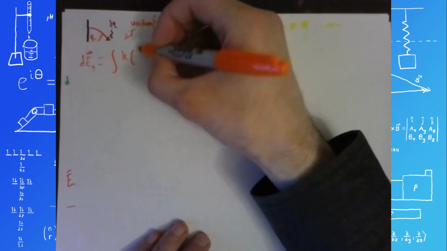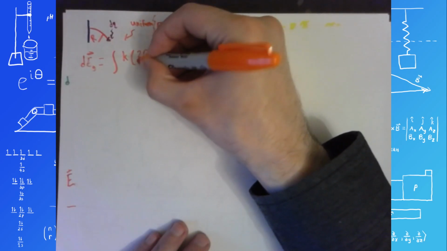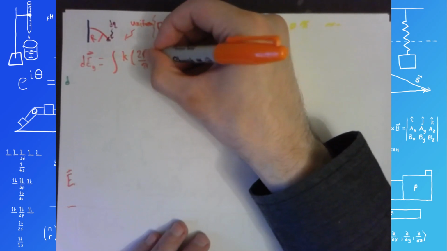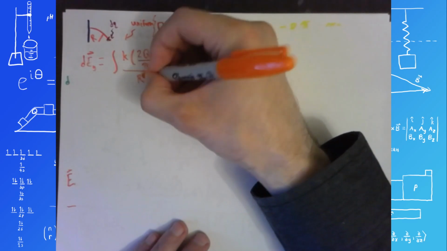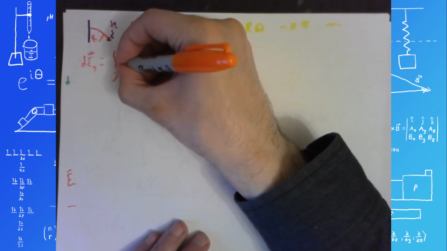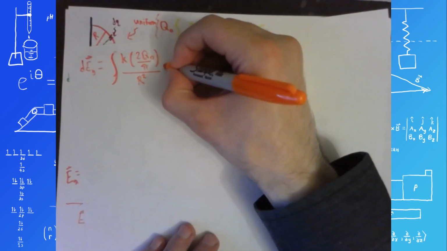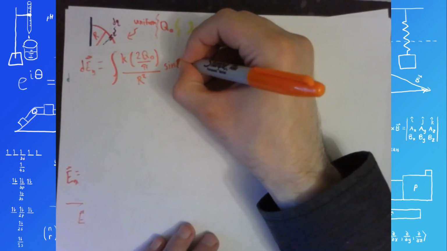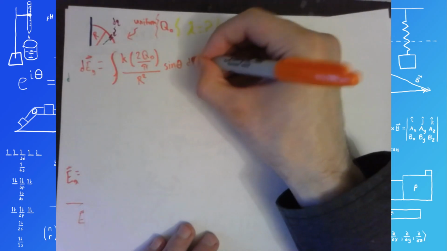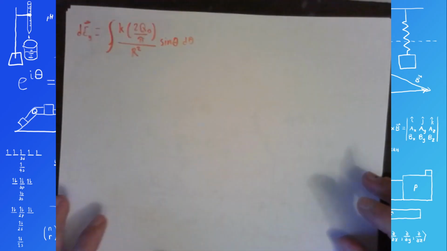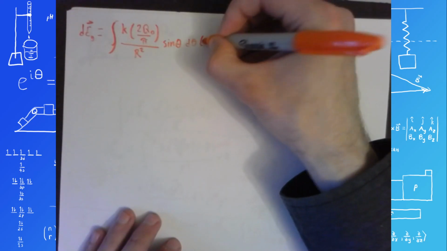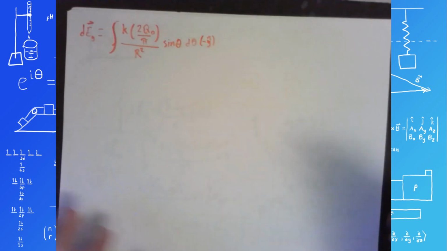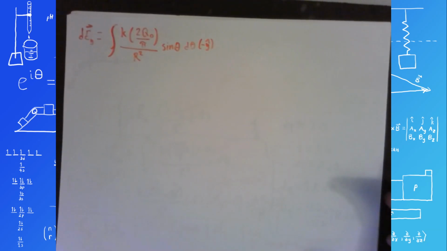Q0 over pi and sine of theta and d theta. Oh, and I forgot, times negative y hat.